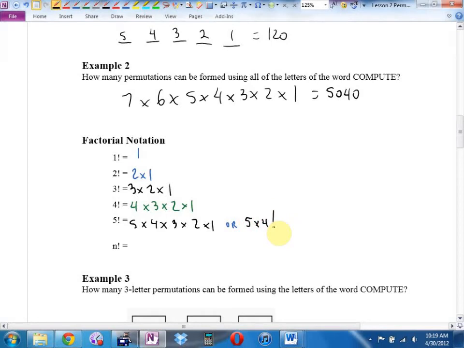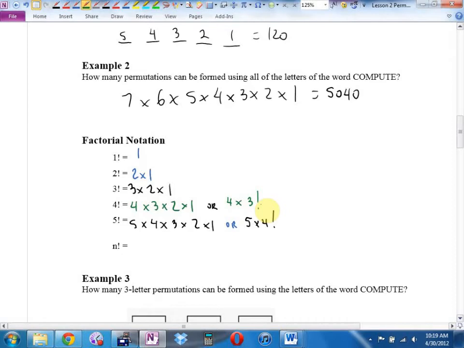Then 5 factorial is really 5 times 4 factorial. 4 factorial is really 4 times 3 factorial. Sometimes that little trick might come in handy, especially if I just give you one more letter and you don't feel like retyping everything. You might say, oh, I already did 3 factorial and they're giving me one more letter. I'm not going to go to my calculator. I'm just going to multiply my answer by 4. It's 4 factorial. N factorial.